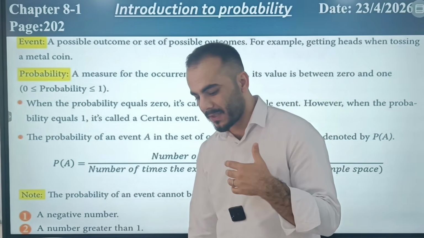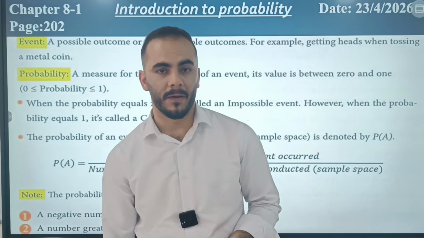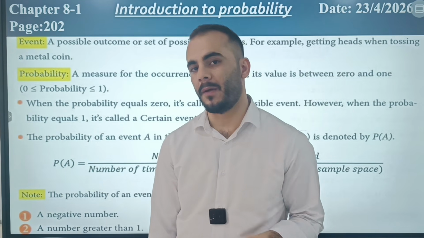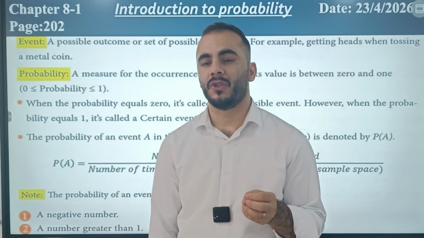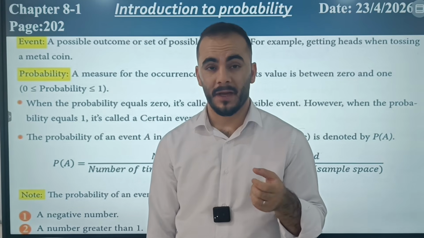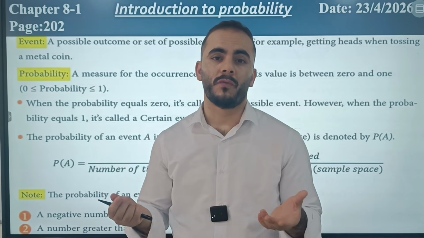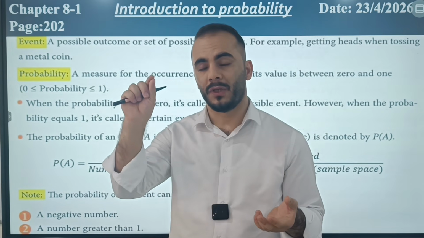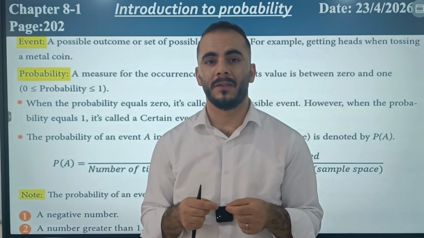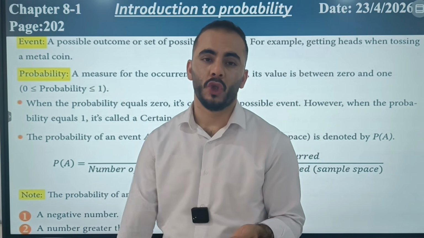For instance, when we are tossing a coin 20 times, and our event is getting heads. If the coin lands on heads 11 times, what will be the probability of heads? Of course, it is the number of heads, which is 11, over the number of times that the experiment is conducted, which is 20. So 11 over 20.